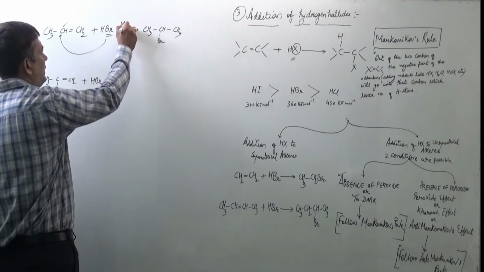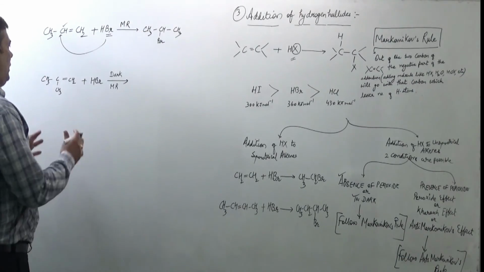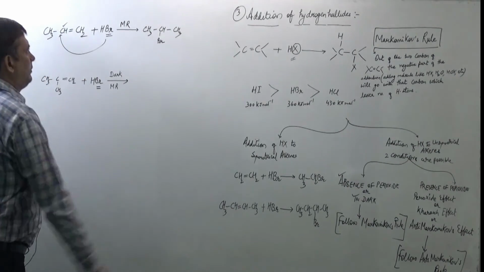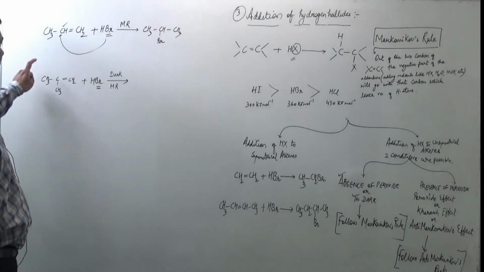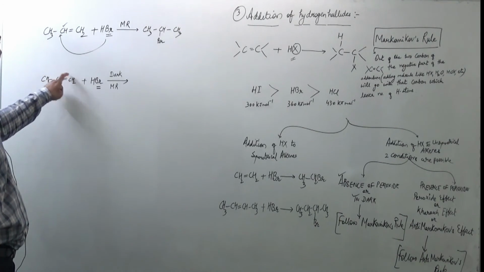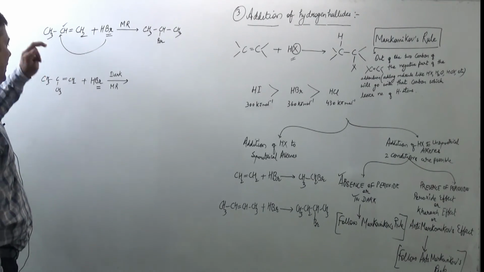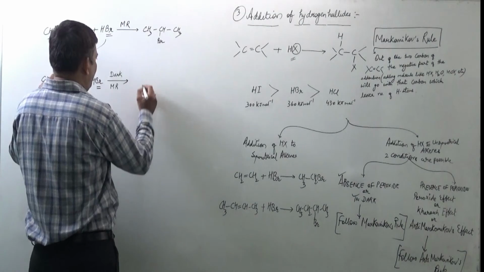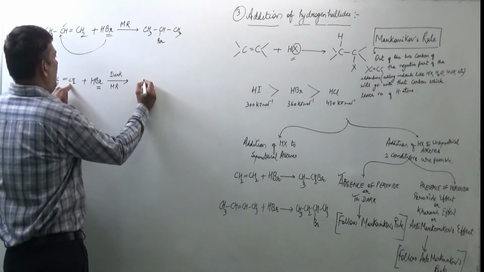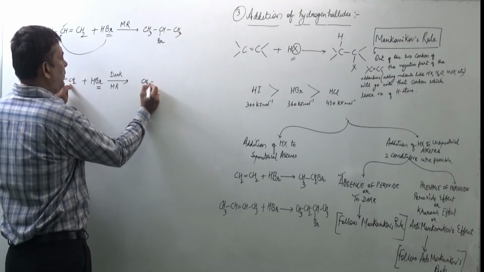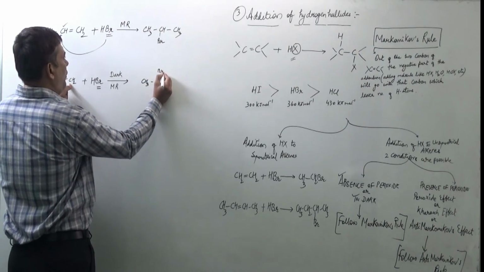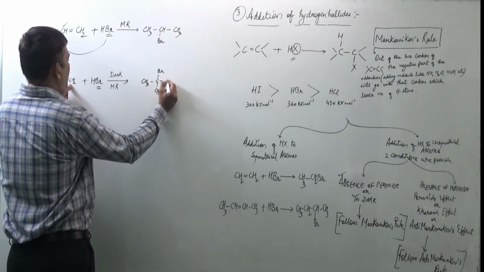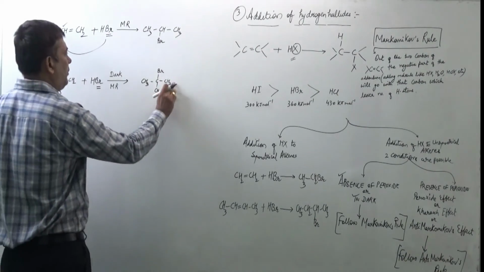Just as in the previous case, we have to follow Markovnikov rule. So what is Markovnikov rule? The negative part of the addendum will go towards that carbon of the two double bonded carbons which has got lesser number of hydrogen. You can see this carbon has got less number of hydrogen. So this Br will go to this carbon and H will go with this carbon. So the final product would be Br will go with this carbon and H will go with this carbon, and CH3 will be formed.